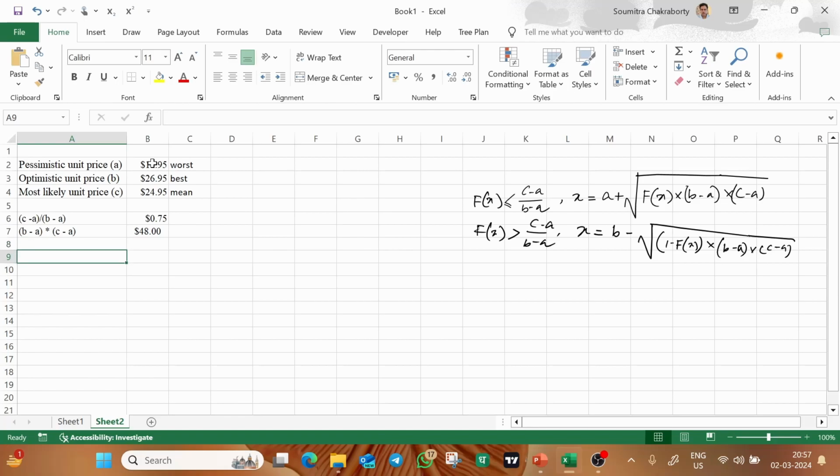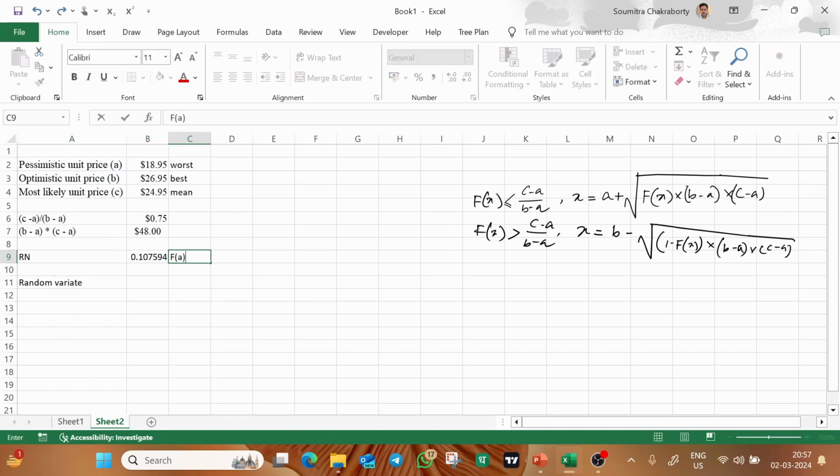Now what? Now this is the random variate. How to write that? Or even before that, you can use the random number. So this is your random number. What is that? That is your fx, right? We will need to write fx also here. So now use the if function.